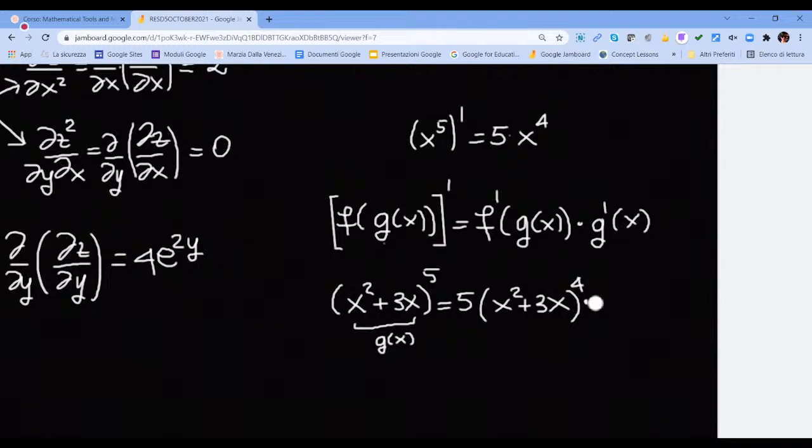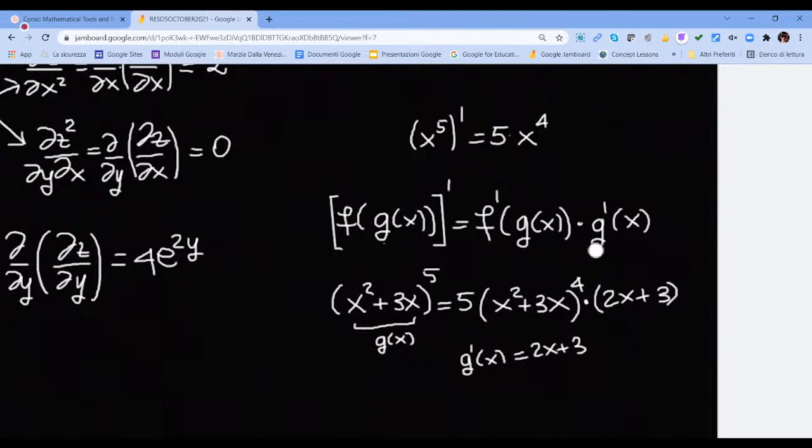But you have to multiply, in order to apply the right form of the computation, by g prime, the derivative of the function that you have inside. That is, g prime is the derivative of this polynomial, that will be 2x plus 3. So you have to put this part inside your computation.